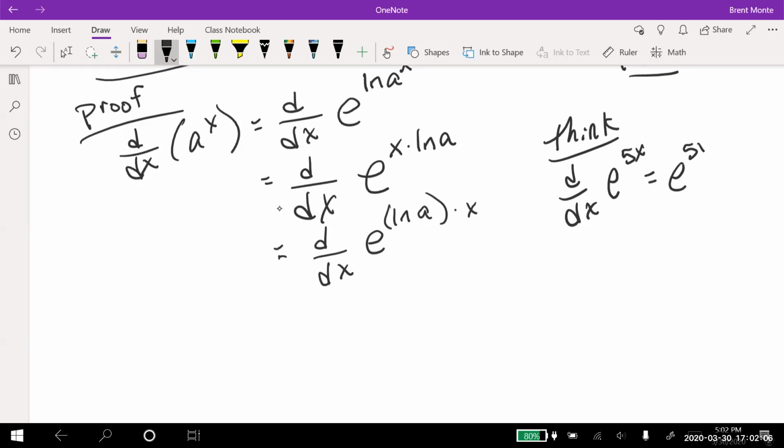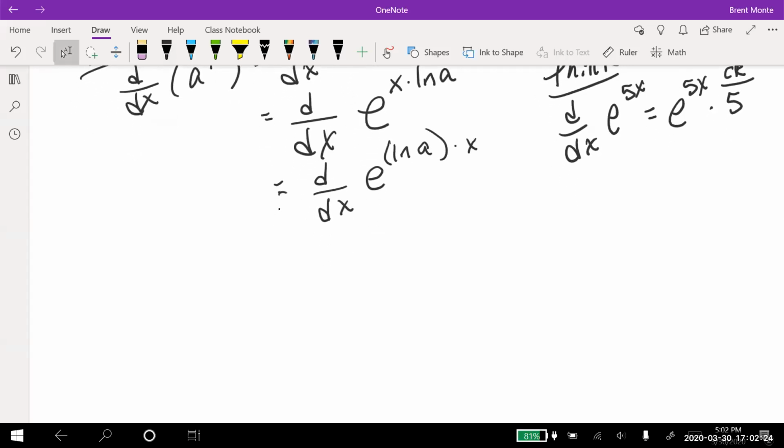It's e to the 5x, but then the chain rule says times 5. That's what I'm going to do here. I'm using that ln of a where the 5 is, because it's a constant. I don't think it's a 5. It's probably an irrational number since it's ln of something. But I'm using that same rule because now I can actually take the derivative.